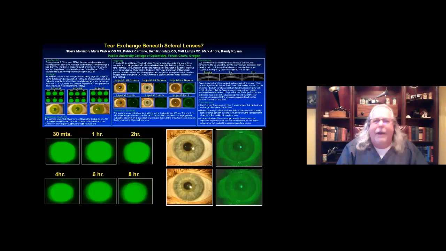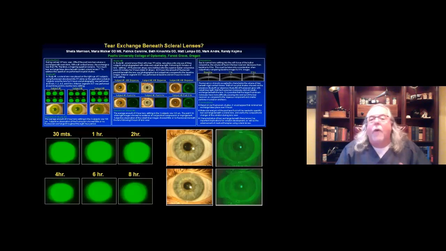Well, why is that? Well, these lenses, when they're applied to the eye, actually rest or sink into the bulbar conjunctiva approximately 127 microns. And what that does is it virtually creates a watertight seal beneath the contact lens.